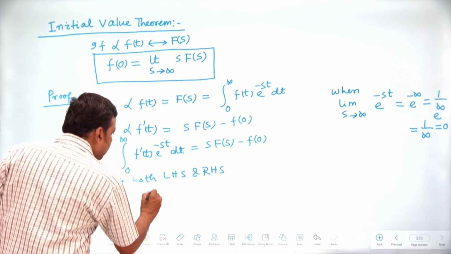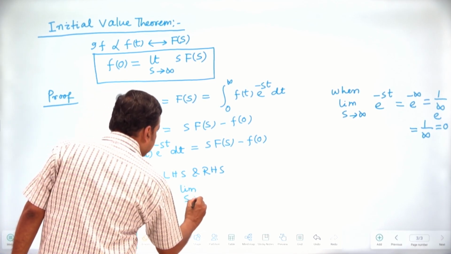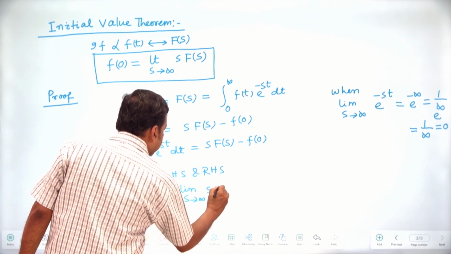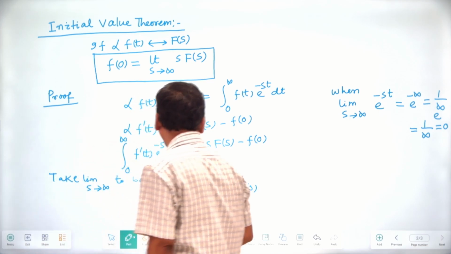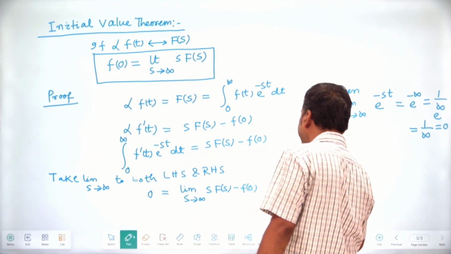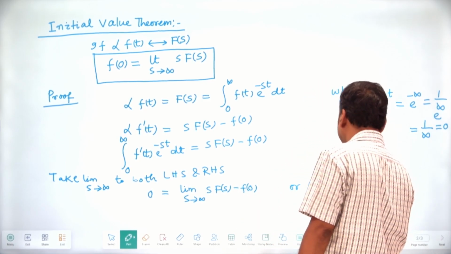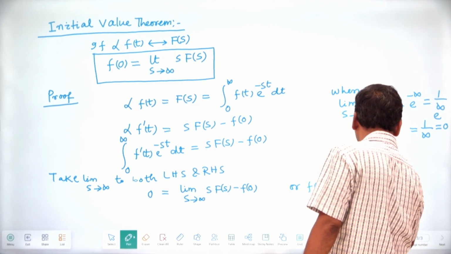So 0 equals the limit as s tends to infinity of s F(s) minus f(0). So the initial value f(0) equals the limit as s tends to infinity of s F(s).